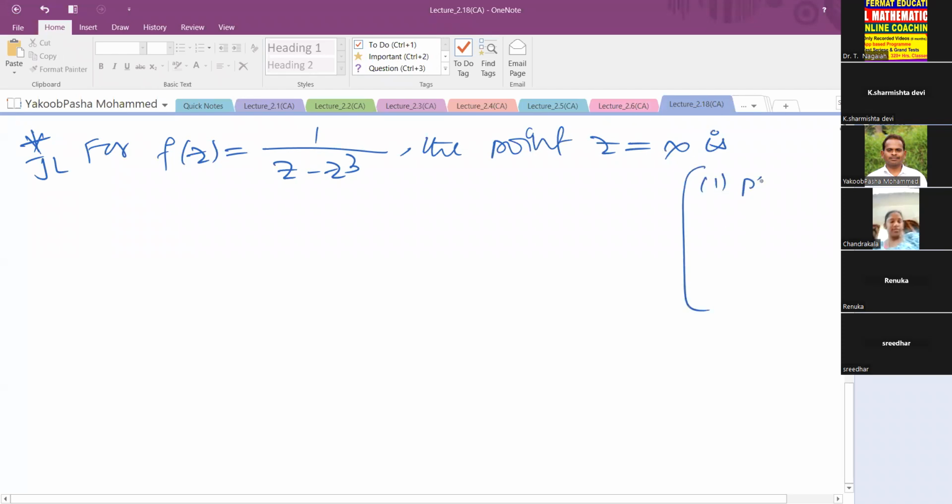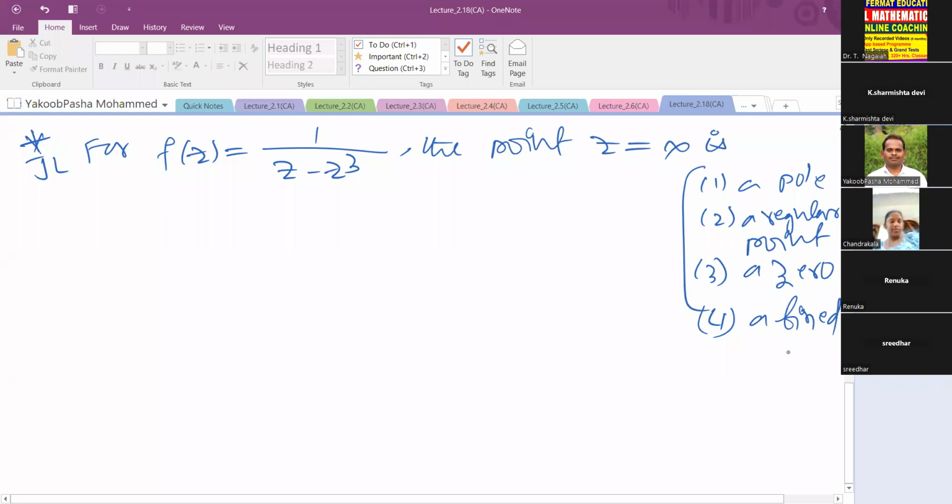First option, a pole, second option, a regular point, and third option, a zero, and fourth option, a fixed point. Okay, we have four options.